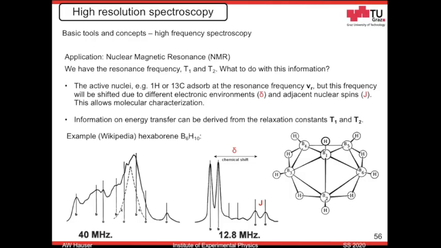You can see the spectrum here for these two energy areas, and we will distinguish between features that are caused by the different electric or electronic environments. In German you say the Abschirmung, and the Kopplungskonstante, which is due to the nuclear spins that are also interacting when they are close to each other.